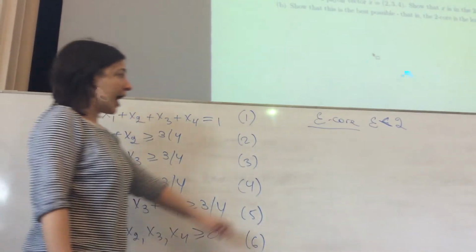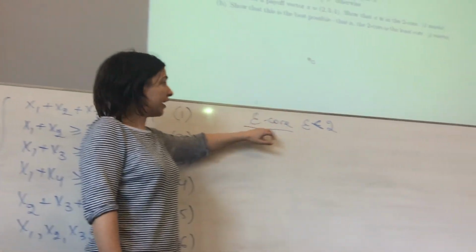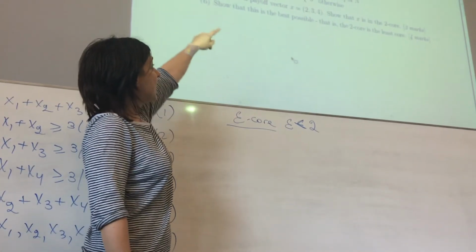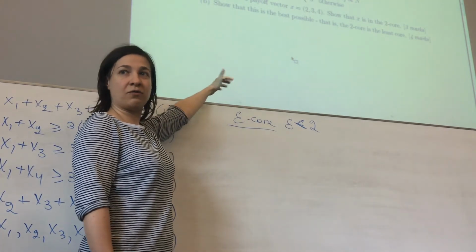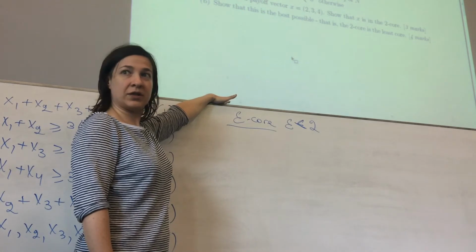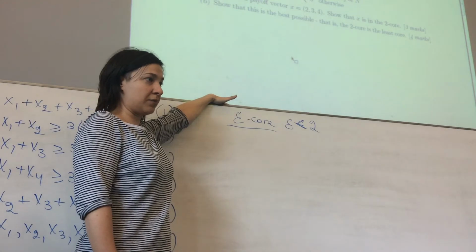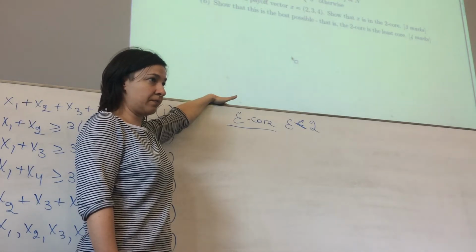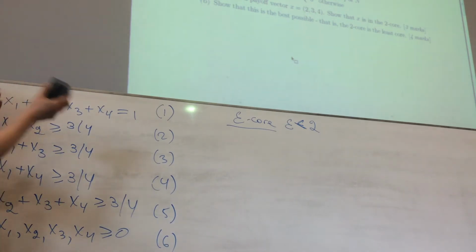Some people have shown only that the same pair of vectors that we had in A is not in the core for epsilon less than 2. That is pretty obvious indeed. What we need is that no other vector can be in the core for epsilon less than 2. So we do the same as here. We write down the constraints for the core.